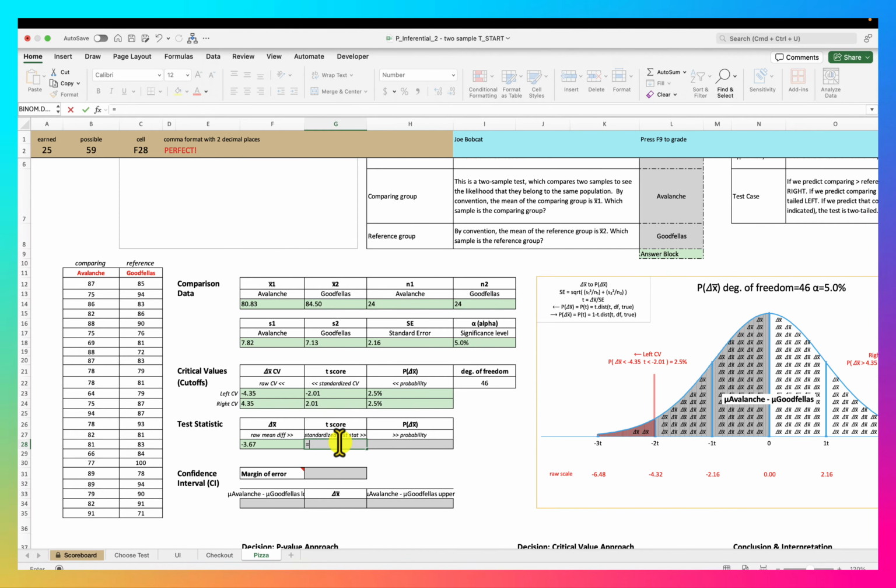My bad. The t-score equals the delta x bar divided by the standard error. Probability is equal to t dot dist x degrees of freedom untrue. The margin of error, remember we are allowed to use the right hand two-tailed test, or if you didn't have that, you could look at the formula there, times the standard error.